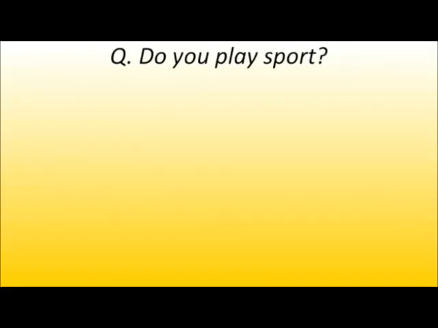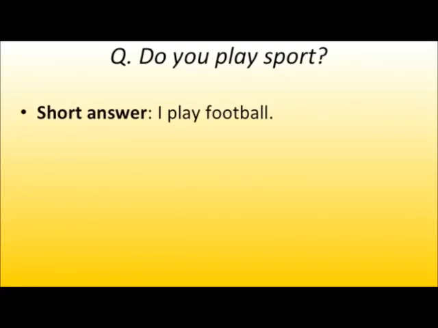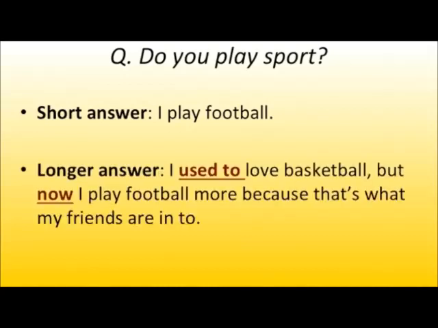Question: do you play sports? The short answer would be, I play football. Instead, you could say, I used to love basketball, but now I play football because that's what my friends are into.